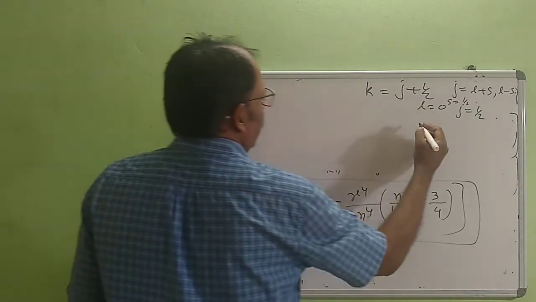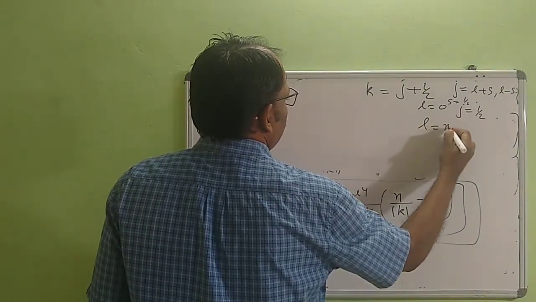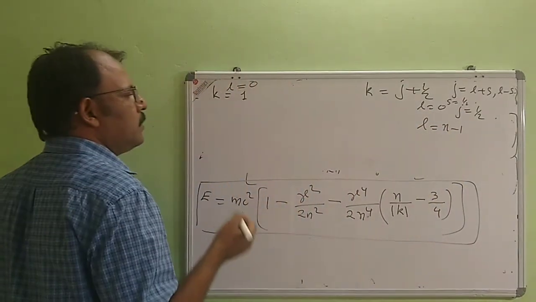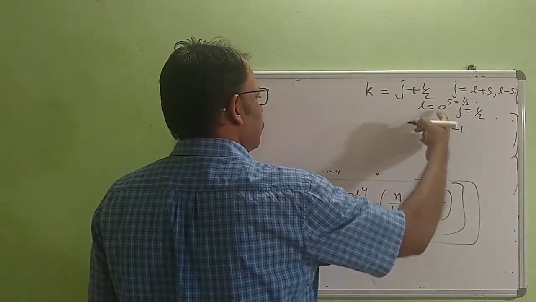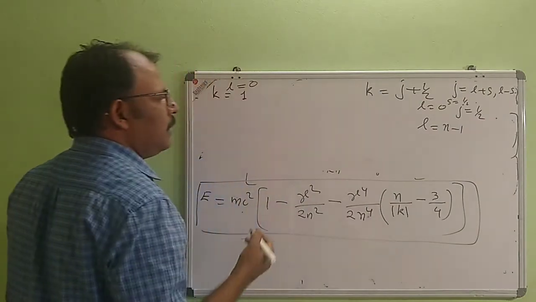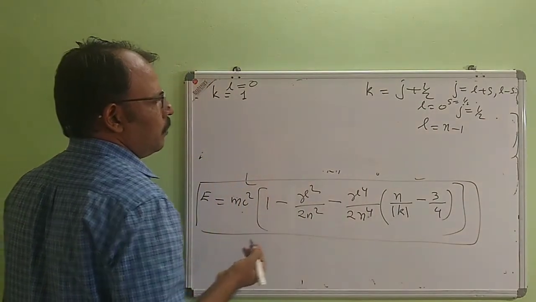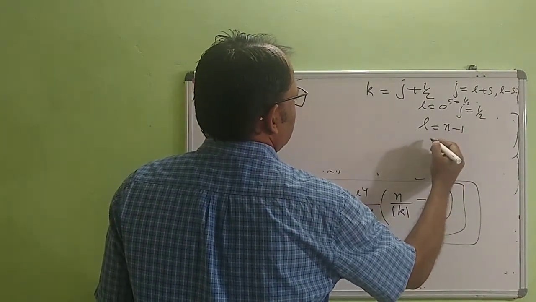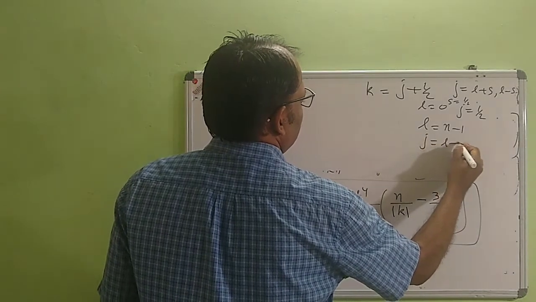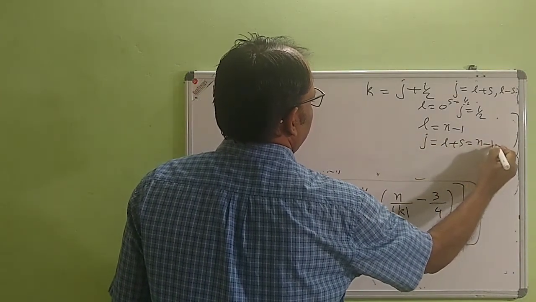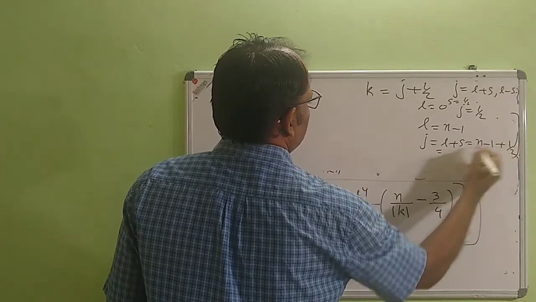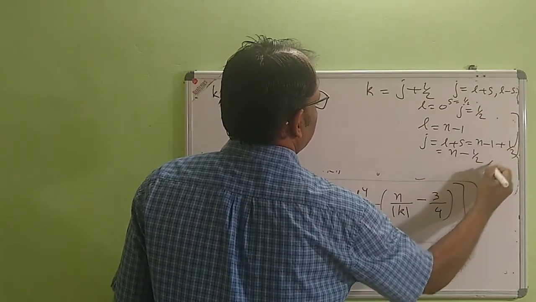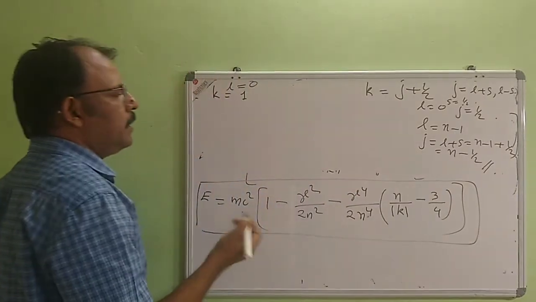Now the maximum value: L can vary from 0 to n minus 1, if n is the total quantum number. So when L equal to n minus 1, j is L plus s, so it is n minus 1 plus 1 by 2, which is n minus 1 by 2.